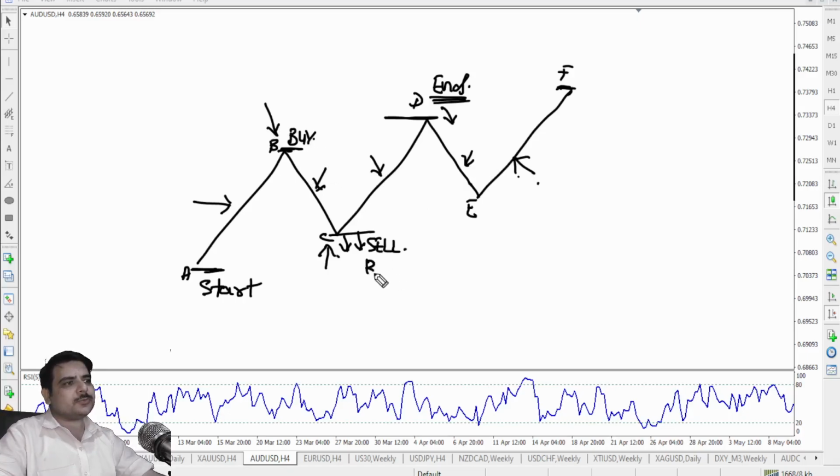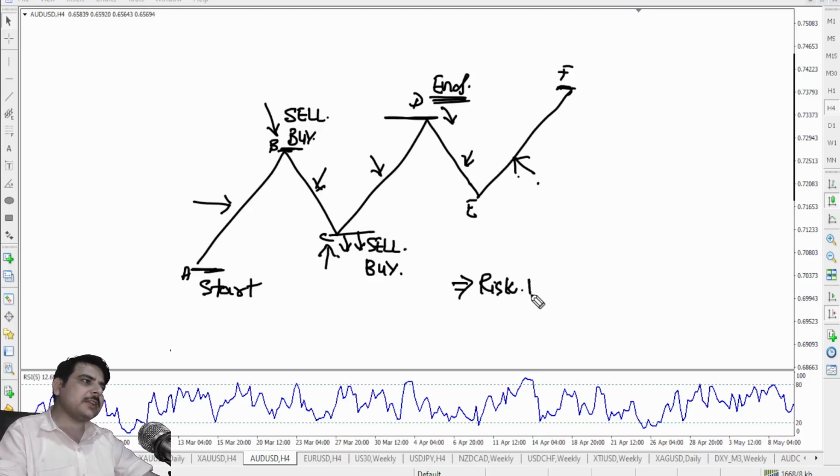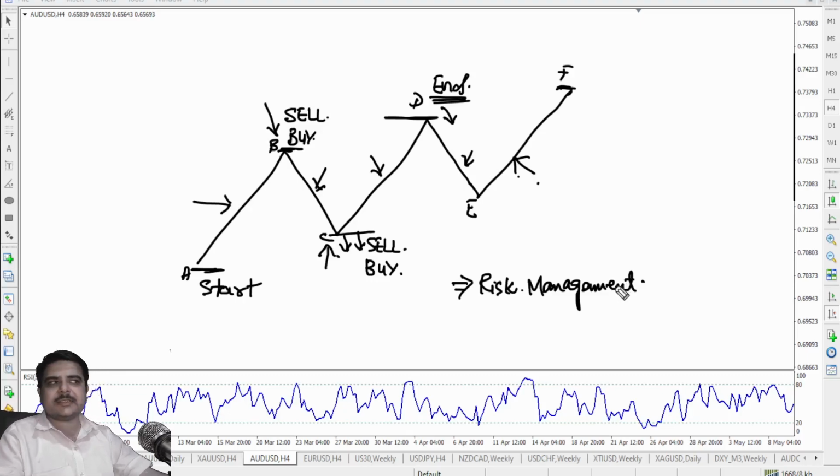Your buys will be right here and your sells will be up there. Plus also by using this strategy you can very easily manage risk to reward. You can manage risk very easily, and reward taking, obviously that is even more important.